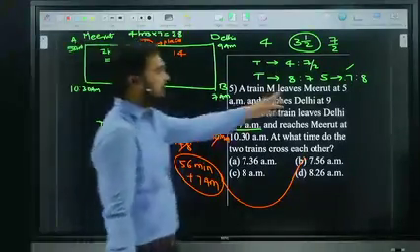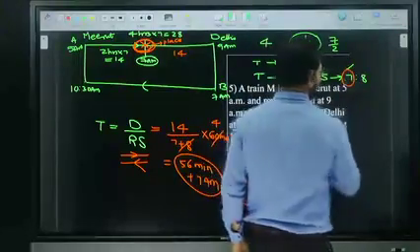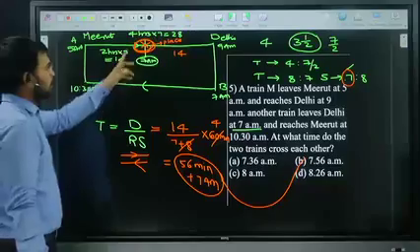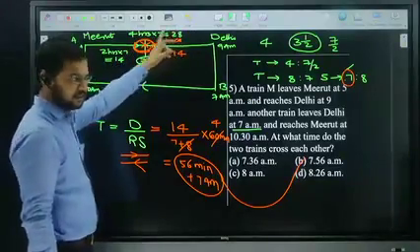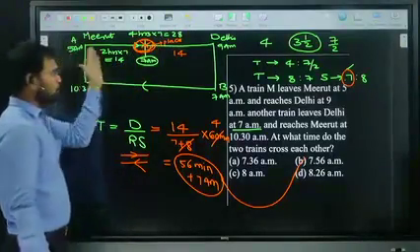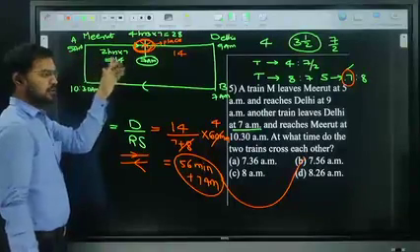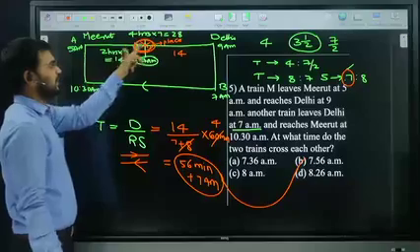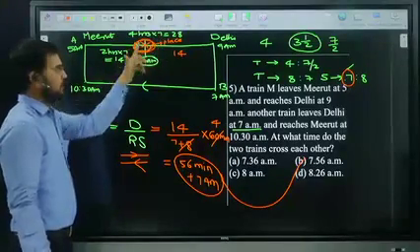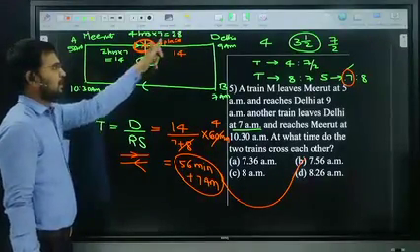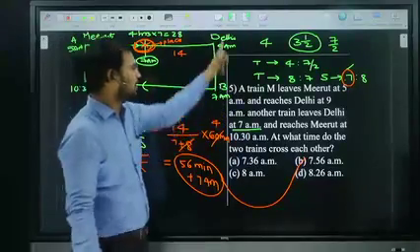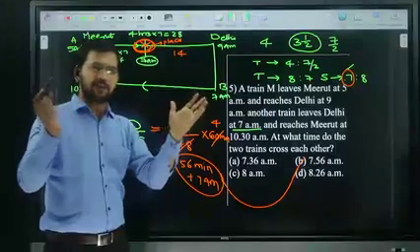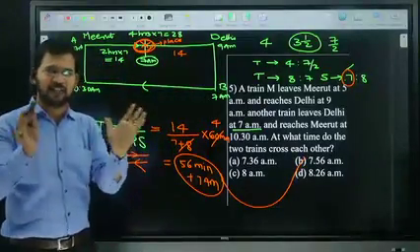In 1 hour, what is the first train's speed? 7. So 2 hours is 2 into 7, 14. Total distance is 28, so when we move the first train 2 hours first, 14 parts are covered. At 7 o'clock, the first train is at some X place, and the B train is at Delhi itself at 7 o'clock. So to apply relative speed, I need to take the same timing for both trains.